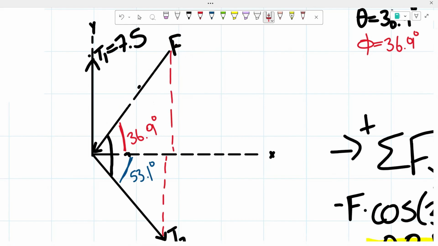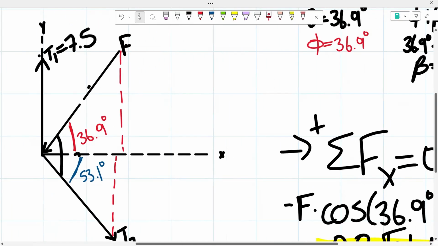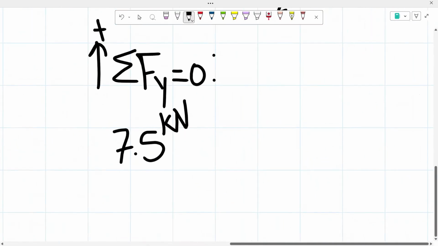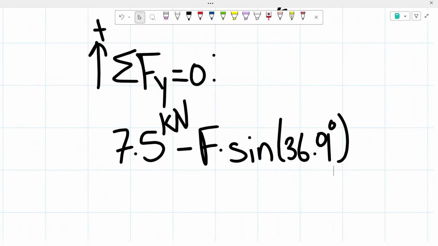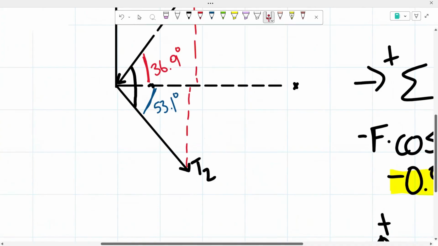So this time we are looking at the opposite side with correspondence to this angle, and the hypotenuse side. Remember that sine is opposite over hypotenuse, which is why we're going to be using sine. Since F is pointing downwards, it is negative F times sine of 36.9 degrees. And then if we were to take a look at our t sub 2, once again, that is going downwards, so that's going to be negative.